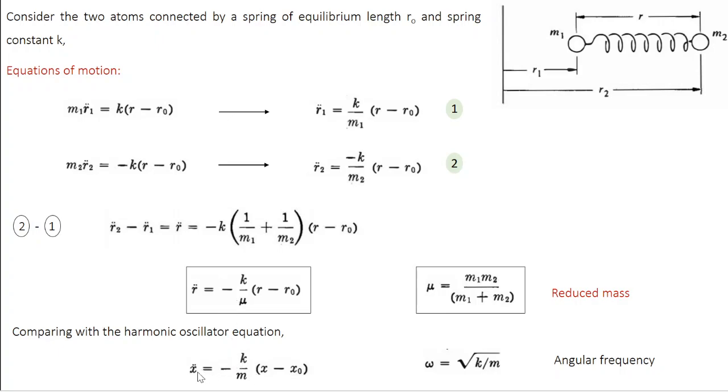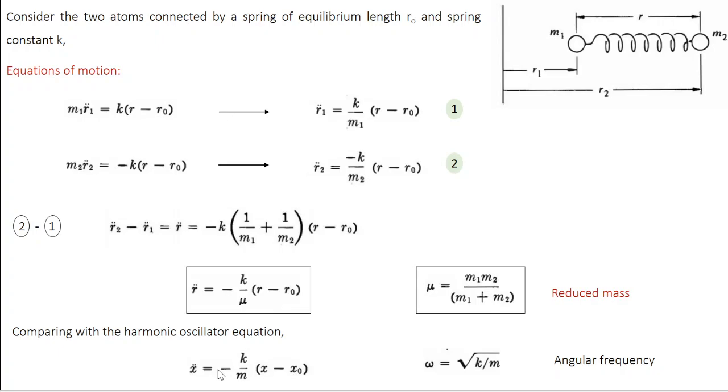On the left hand side, I have the second derivative of the instantaneous position, so that's true here. And on the right hand side, I have the displacement from the equilibrium position inside the bracket. Then I have the spring constant divided by the mass here, and since you have two objects, you have a reduced mass here. So basically these two equations are exactly the same.